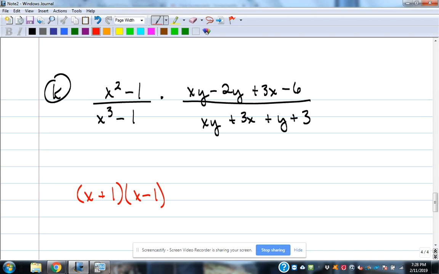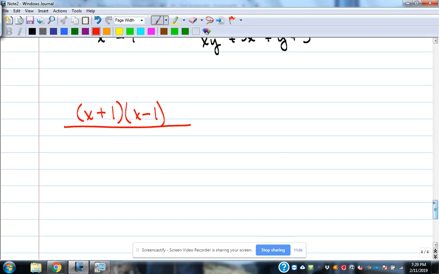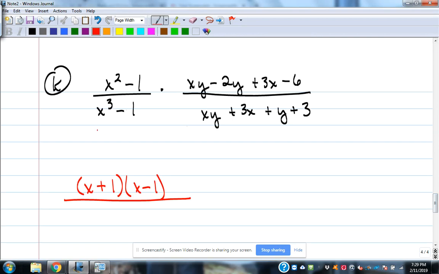The one that nobody ever remembers, and I'm going to be impressed if you can tell me how to factor x cubed minus 1. Sum and difference of cubes. This is a difference of cubes. Here's the pattern.